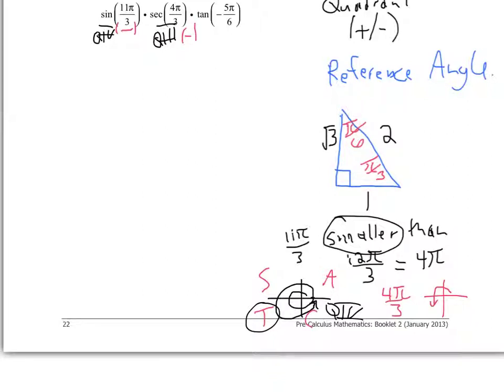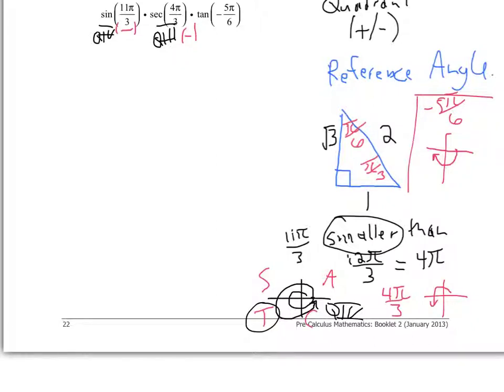And then the last angle is negative 5 pi over 6. So we're rotating in the negative direction. We're 5/6 of the way to pi in the negative direction, so we're not quite there. Pi would get us back to 180 degrees, of course, but we're not quite there.